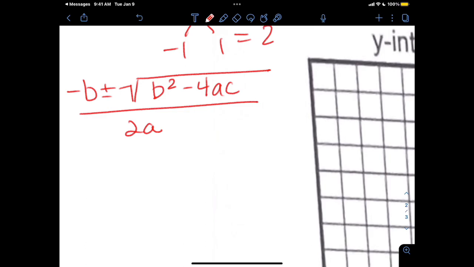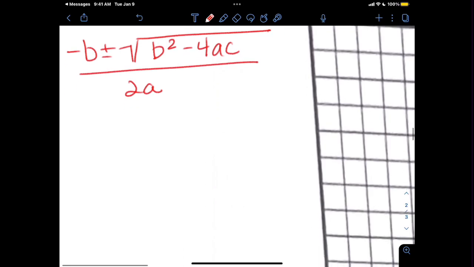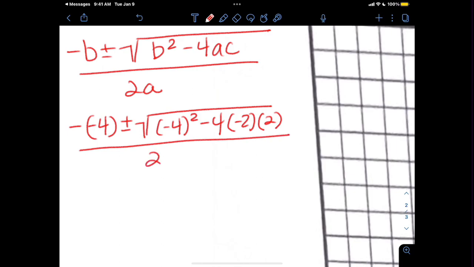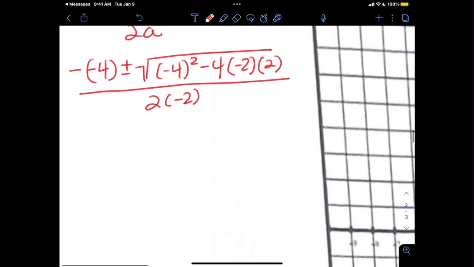So I'll go ahead and start writing that out. So negative 4 plus or minus the square root of negative 4 squared minus 4 times a times c, all divided by 2 times a. Let's go ahead and start simplifying.